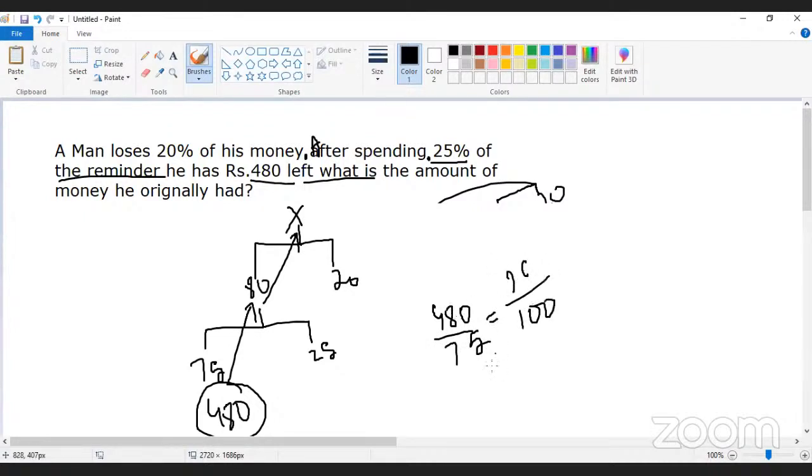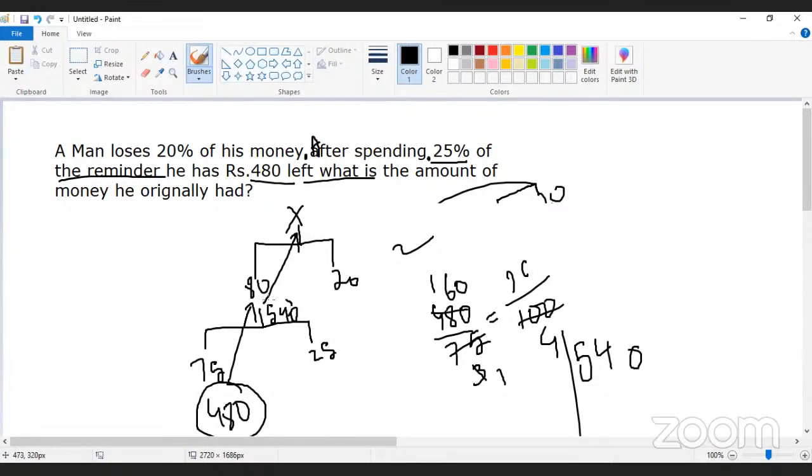So this would be 48,000 divided by 75. So let's say this is 3 and this is 4, and this is 1. 640. So 640 is the right now money.